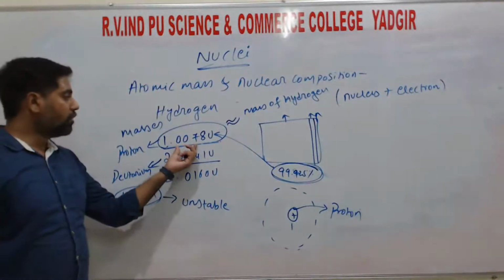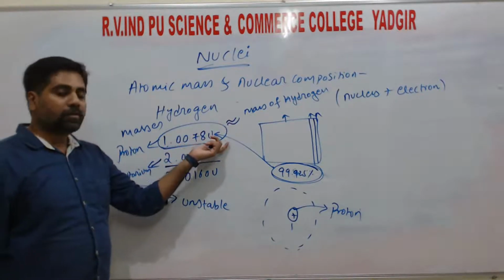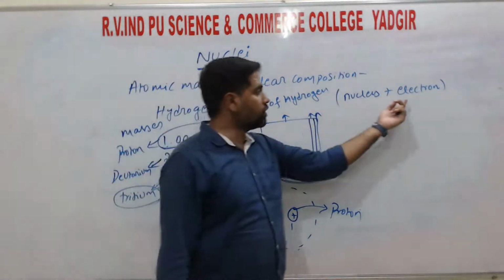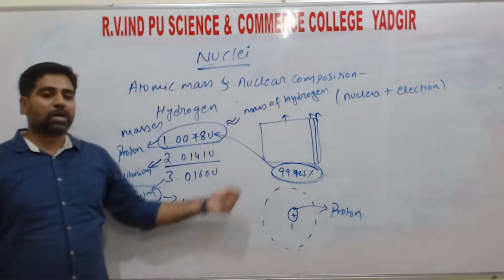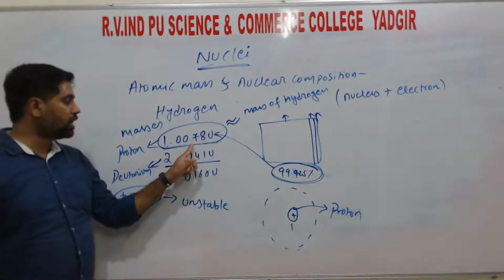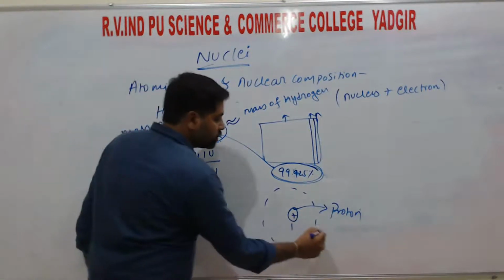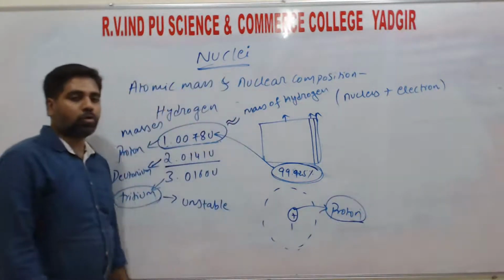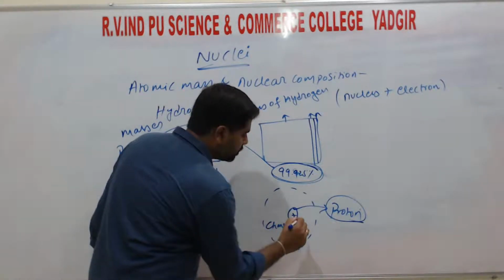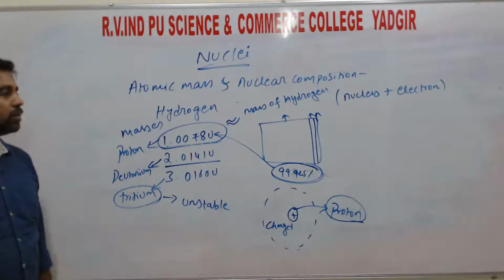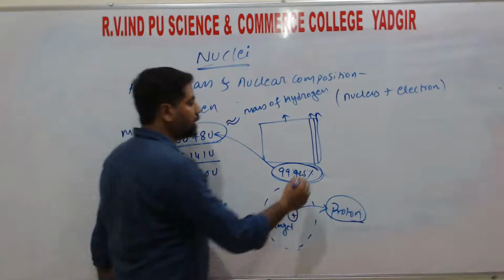If we consider this as the nucleus of hydrogen, we have 1.0078, plus the mass of the electron, 0.0055 U, right? If we add, we get the mass of hydrogen, which is approximately equal to the mass of the proton. If we consider any nucleus, we call it a proton, and the charge is always 1, right? This is the hydrogen atom. So hydrogen has 3 isotopes.